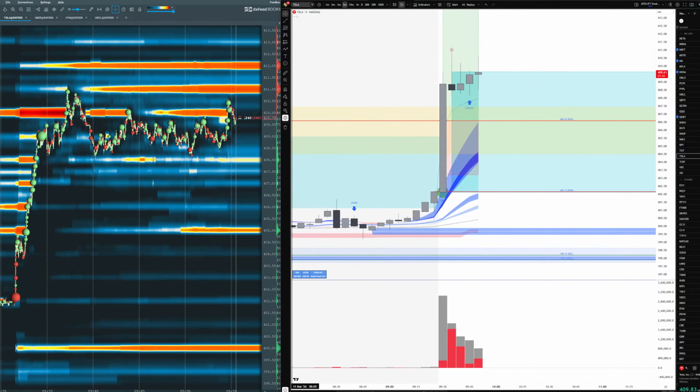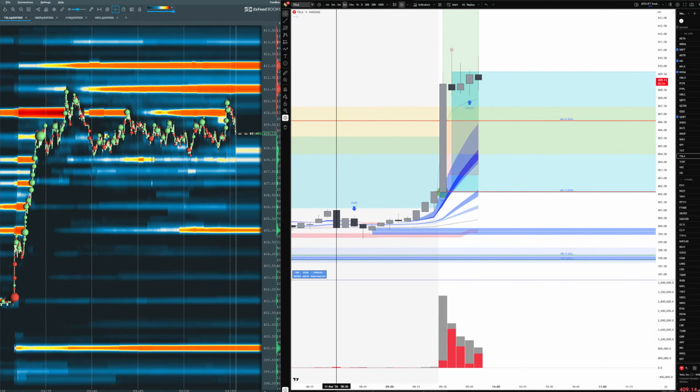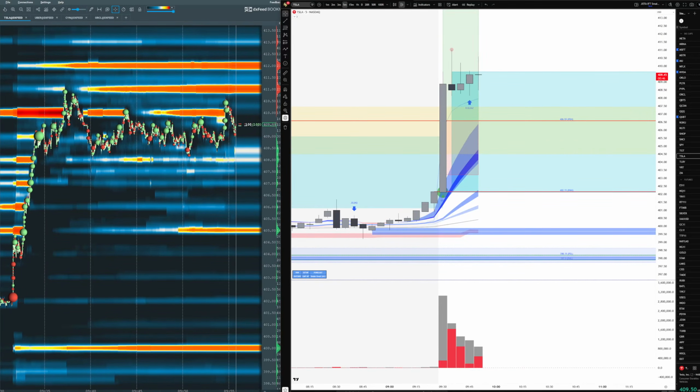ES is moving in 30 points, and NQ over here is moving in 80 points, more or less, from 9 o'clock. So not really any A plus setup. So we have no futures play.